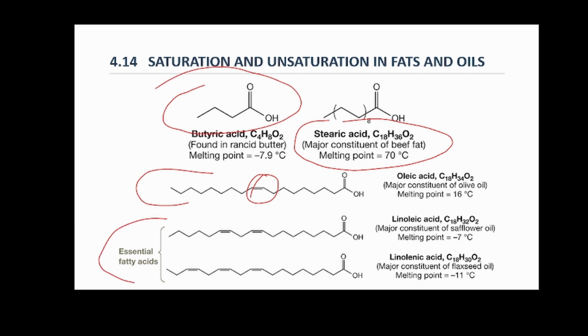These are the essential fatty acids, by the way. Anybody know why they're essential? We need them to live, but why? We need cholesterol to live, we need glucose to live. Why aren't those essential?